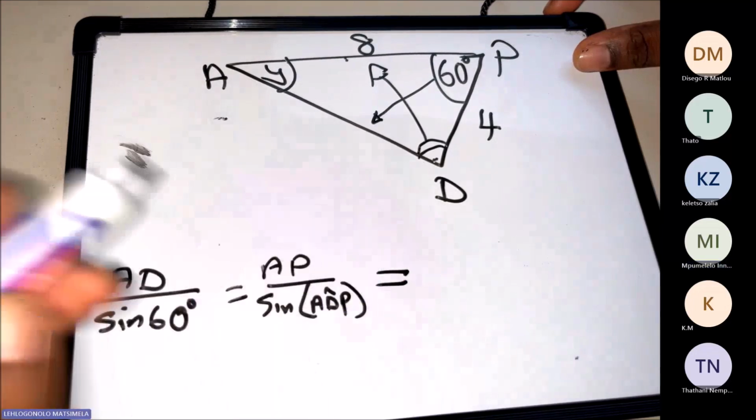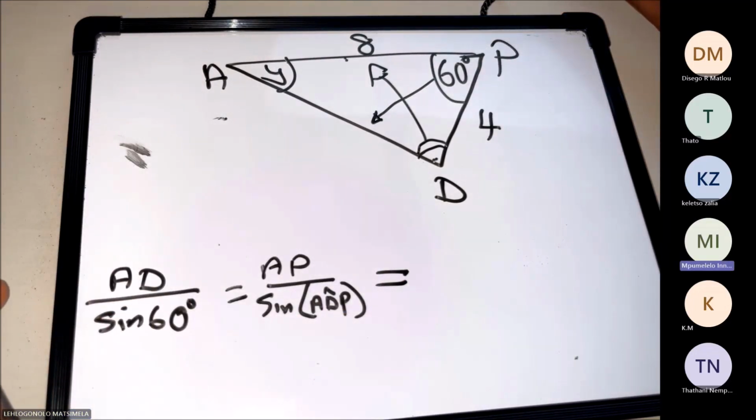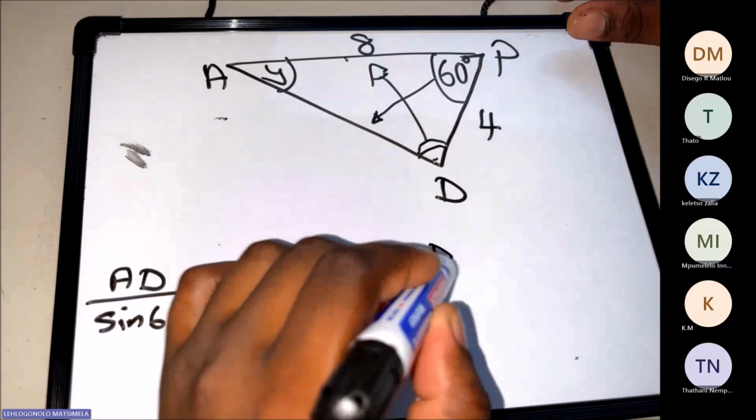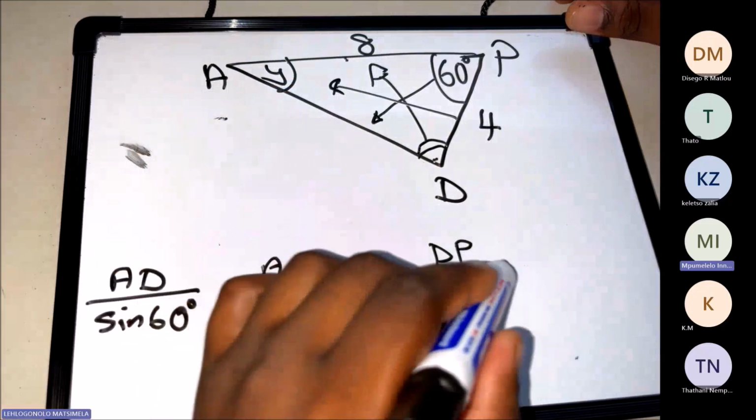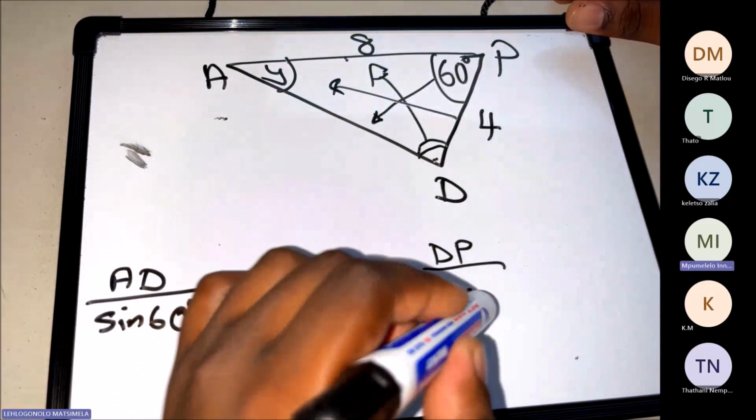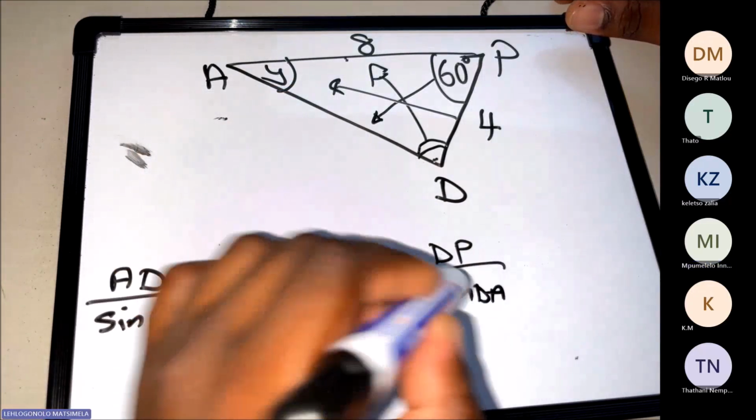Then again, or the third one, side DP. Side DP, if I draw the arrow this way, it's going to lead me to angle at Y, which is angle DAP.